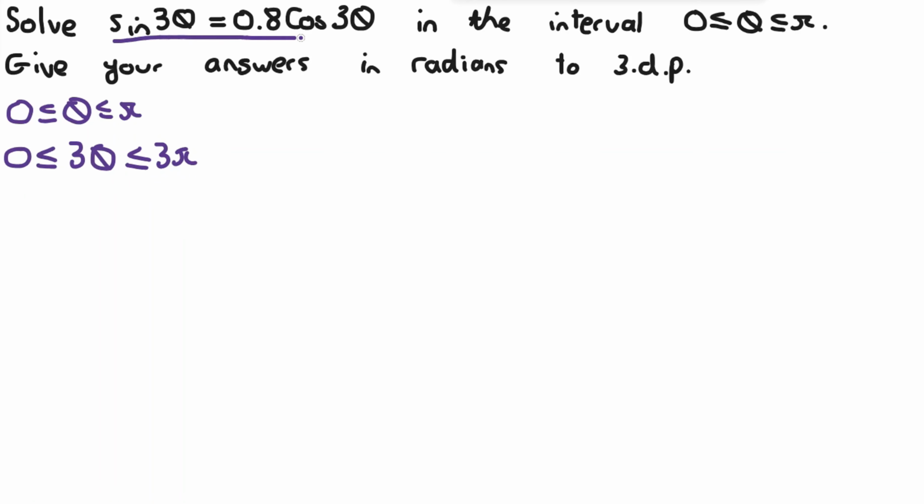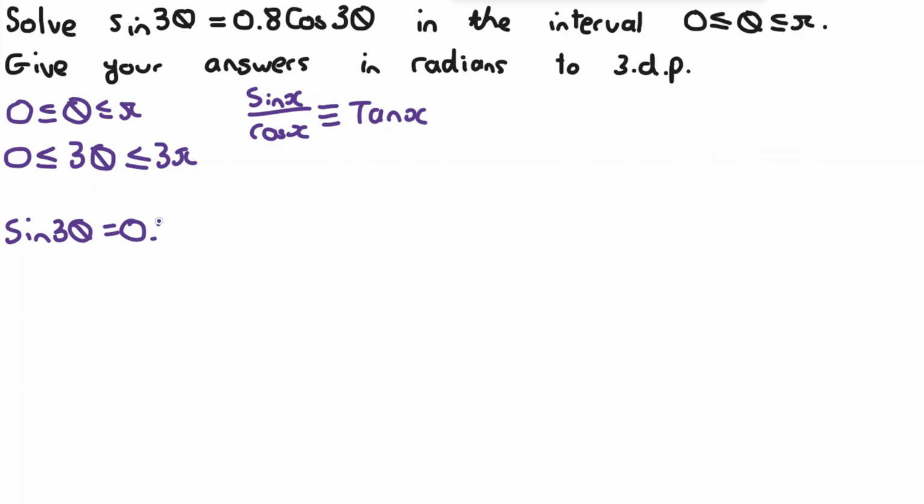And now we can just solve the equation here. Now, at first, this equation looks quite difficult because we have two trigonometric functions. But the key to solving this is remembering the identity that sin x over cos x is equivalent to tan of x, like this. So let's write this out. So sin 3 theta is equal to 0.8 cos of 3 theta, and we can divide both sides by cos of 3 theta.